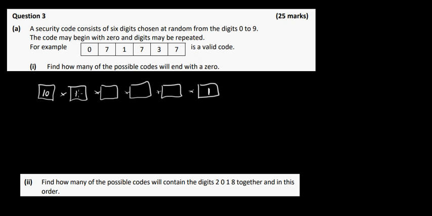Because we can repeat, we also have 10 possibilities for our second one, third one, fourth one, and fifth one. So if we multiply all these out here, we get 10 to the power of 5, or 100,000. So there are 100,000 possibilities.